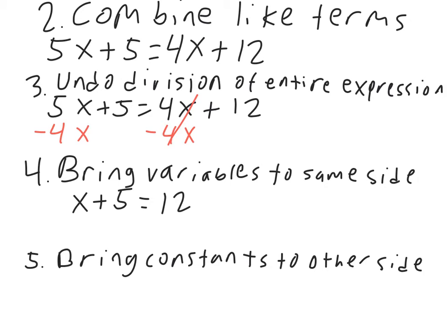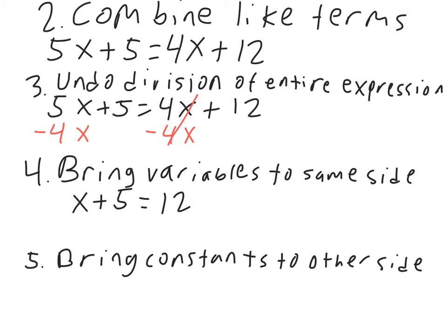Step 5 is to bring the constants to the other side. So that means the numbers we have here, 5 and 12, those we have to put together. So we undo the addition or subtraction that's happening to the variable. So here, it's just like a one-step equation. We have x plus 5 equals 12.